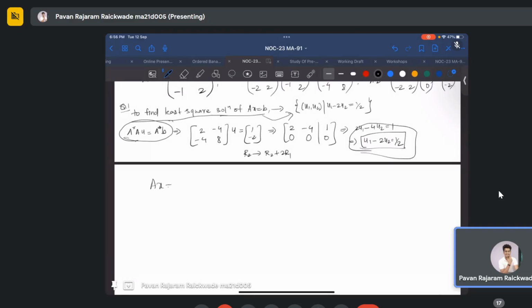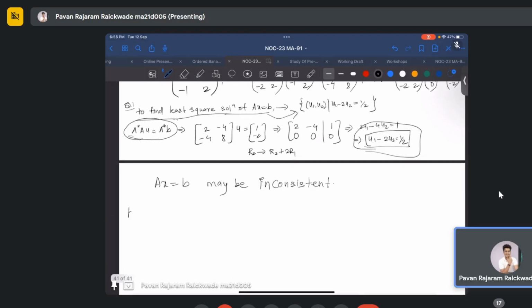What I'm saying is Ax equals to b may be inconsistent, but A star A x equals to A star b is always consistent.